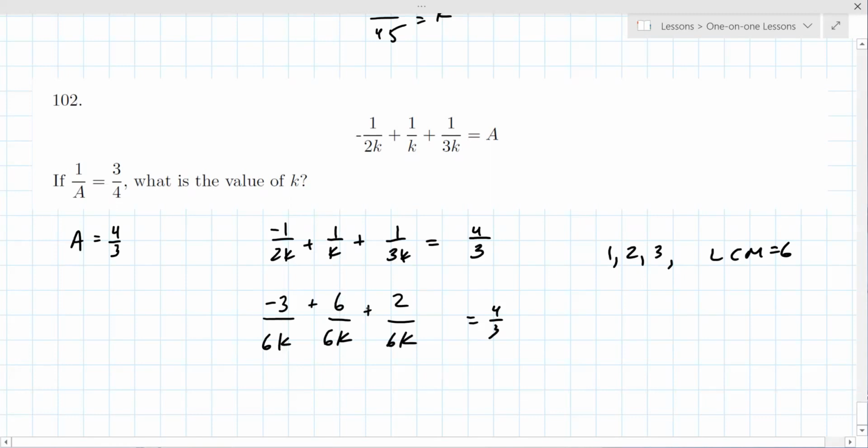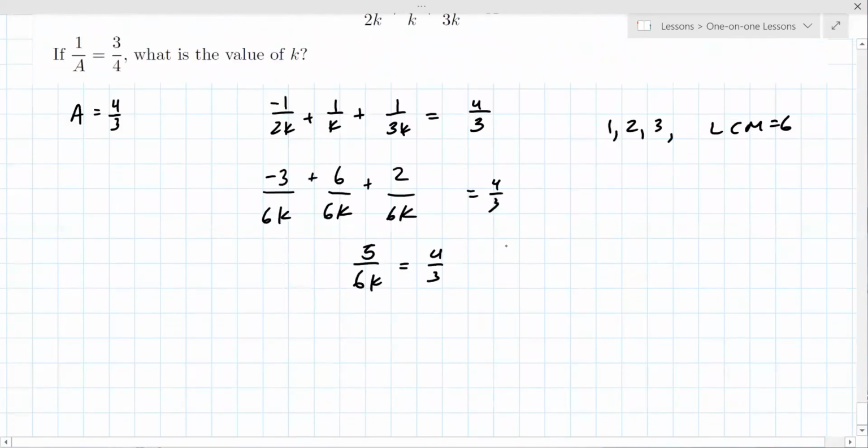Okay, so when you combine these, you get 5 up top. 5 over 6k equals 4/3. If you do what I'm talking about, where you divide this by 3 and this by 3, you get 2k in the bottom here. So when I cross multiply, you get 5 equals 2k times 4, or 8k. So k equals 5 over 8.